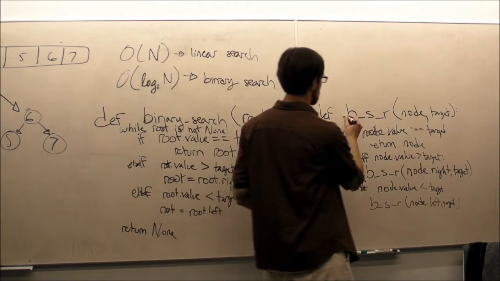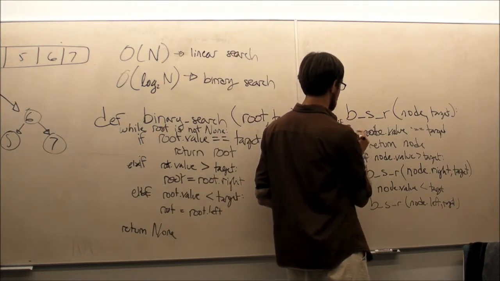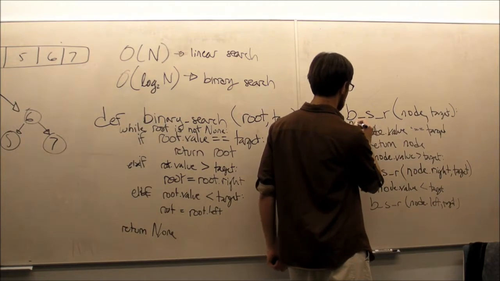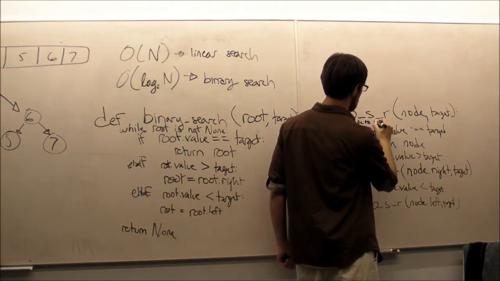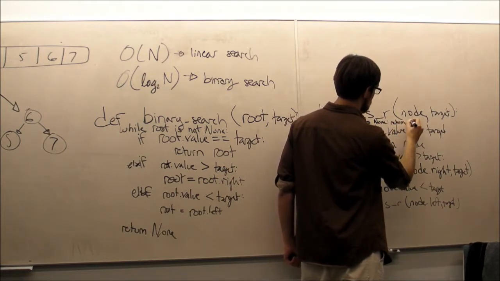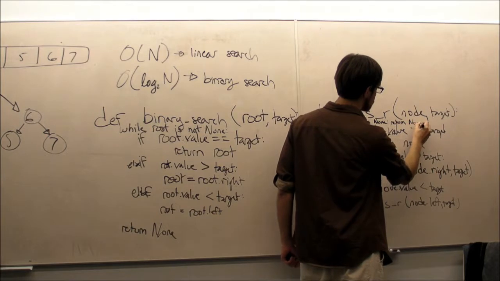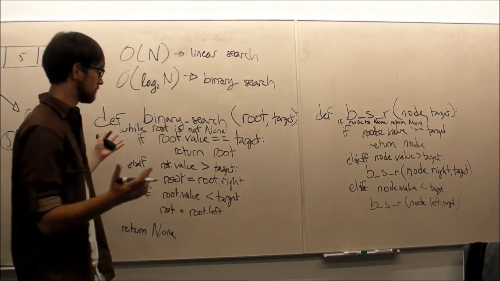And so we can just say, unfortunately this will get really squished and break proper syntax. So if node is None, return None. And then both of these will work.